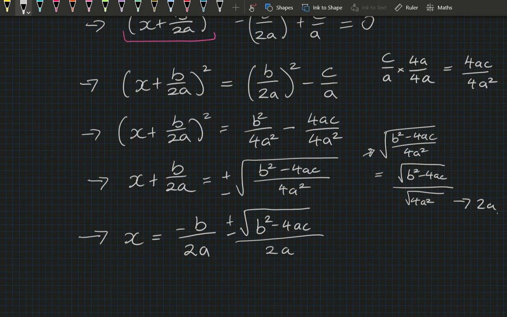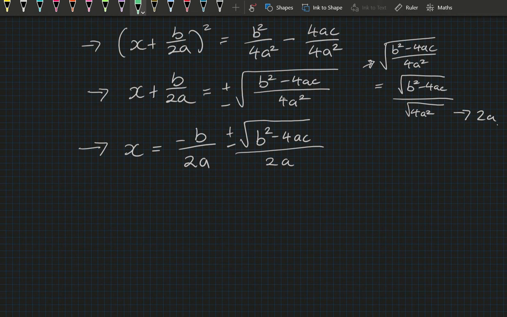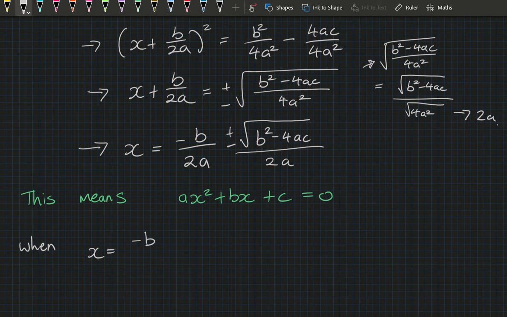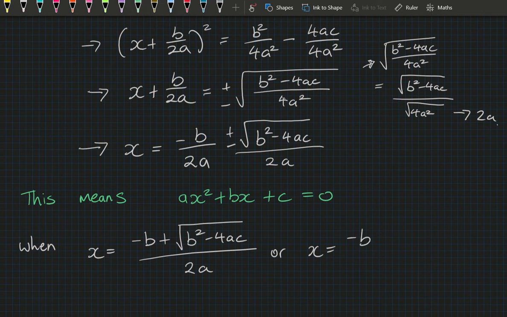So all this long algebra leads to the fact that a times x squared plus bx plus c equals 0 when x is equal to minus b plus the square root of b squared minus 4ac on 2a, or x is equal to minus b minus the square root of b squared minus 4ac on 2a.